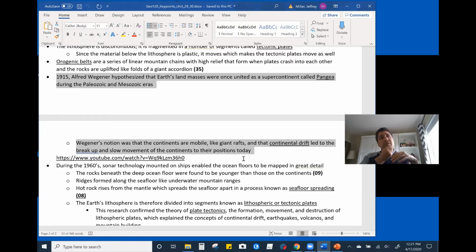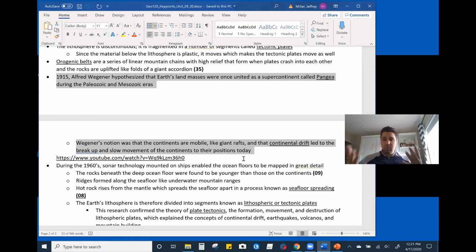And so the analogy that he uses, that they were mobile, almost like they were giant rafts, because below is this flexible kind of material, not quite liquid, but not quite solid, kind of flexible material. And so then the plates themselves would kind of shift and move around, almost like they were giant rafts floating in the ocean, something like that, right?